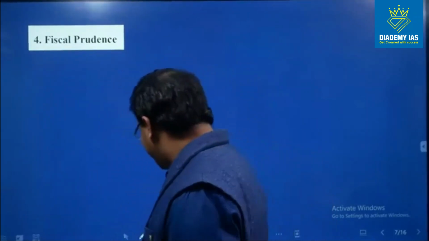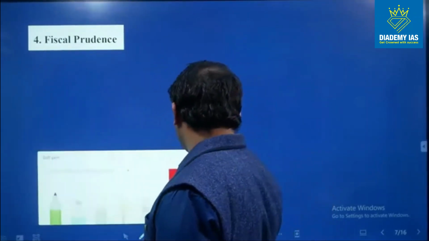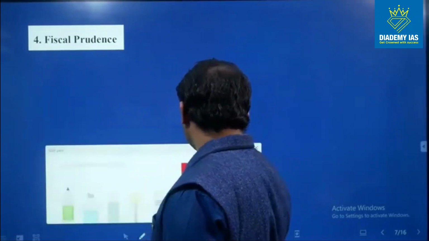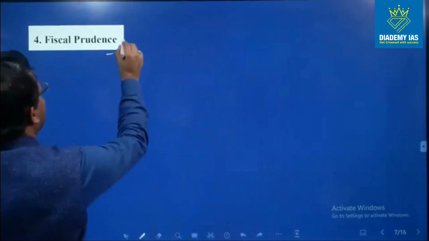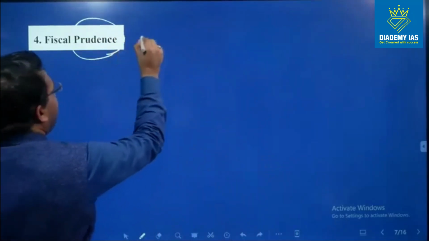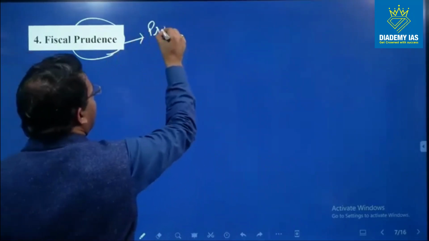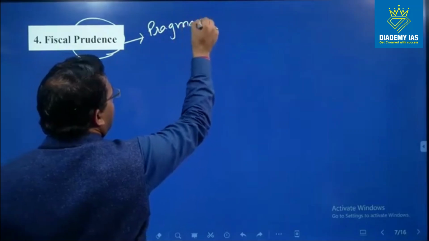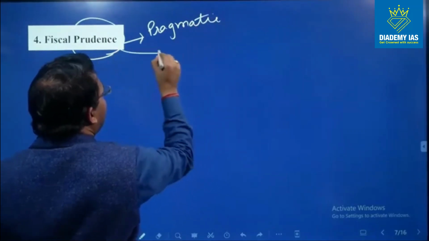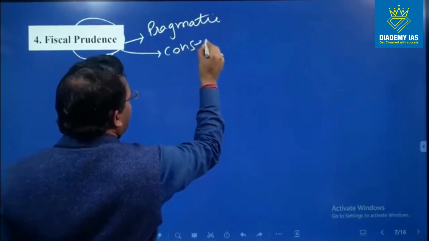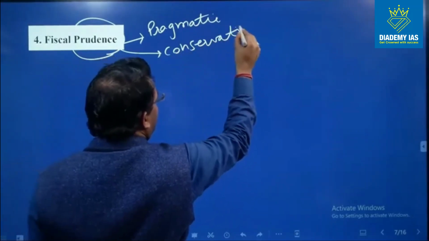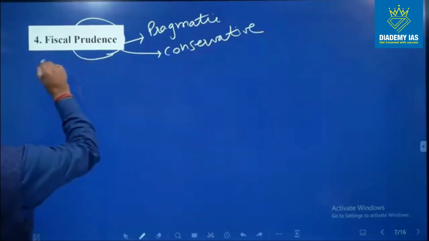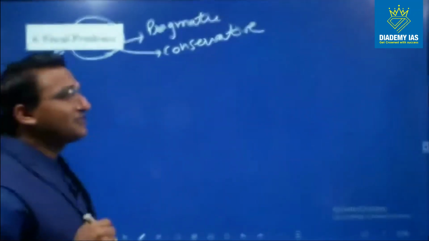Now, the next term is fiscal prudence. What is the meaning of fiscal prudence? First, what is the meaning of the word prudence? Prudence means being pragmatic and being conservative. In the context of fiscal matters, what does this mean?